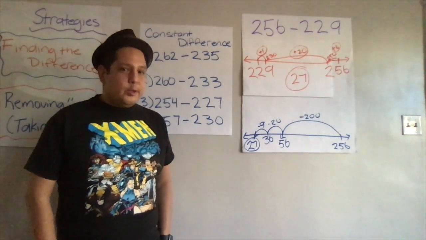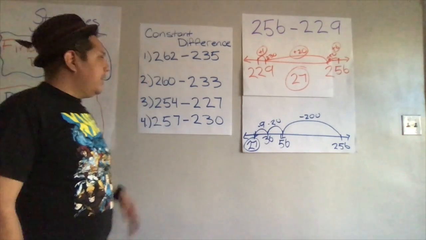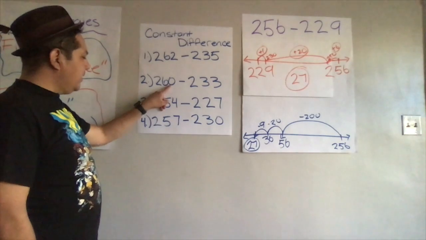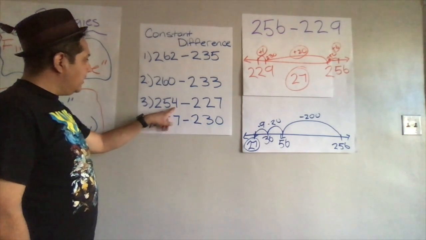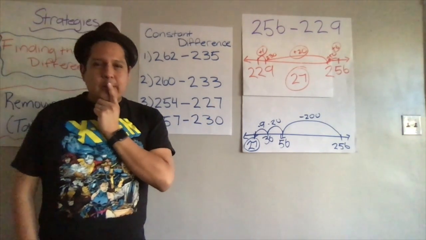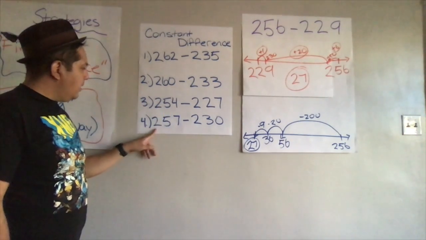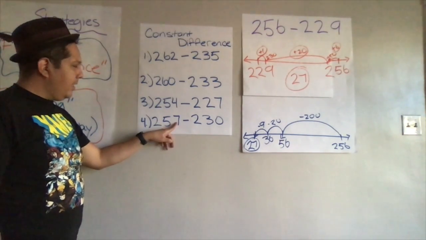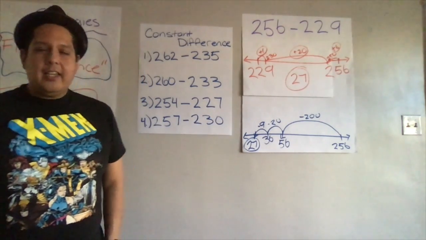So the difference for those was also 27. For the next one, you notice that this number went down by 6. This one went down by 6 as well. So your answer there was 27 as well. Finally, for your last one, the number went up by 3 here, and also went up by 3 there.